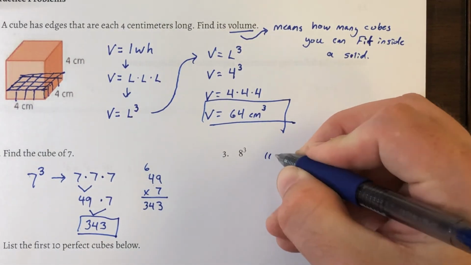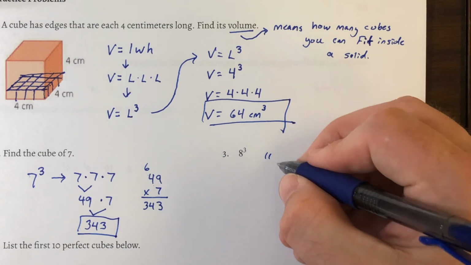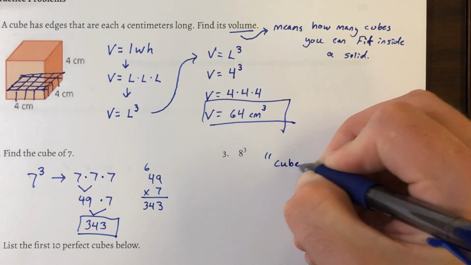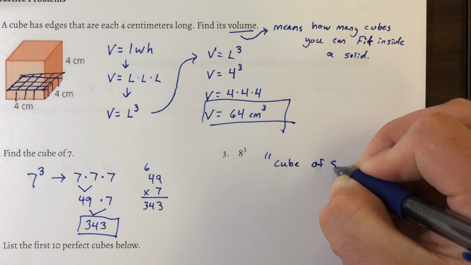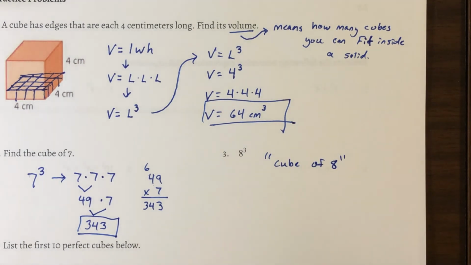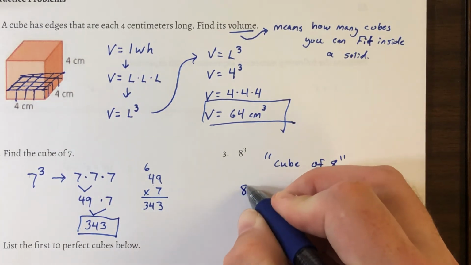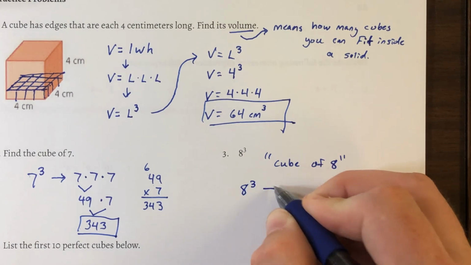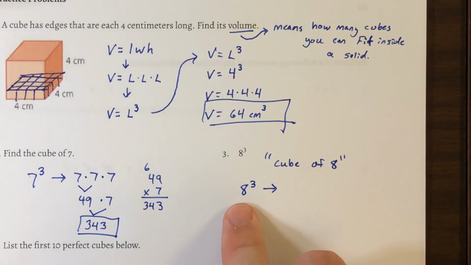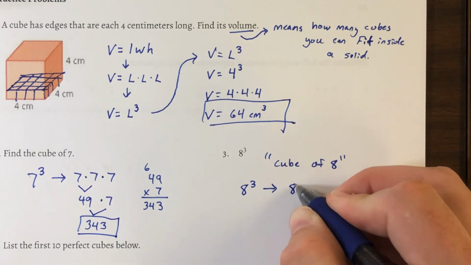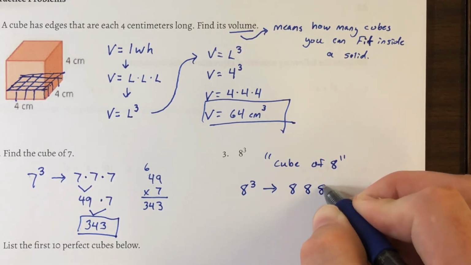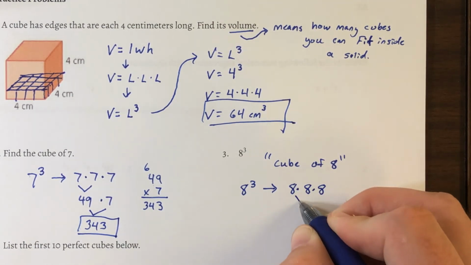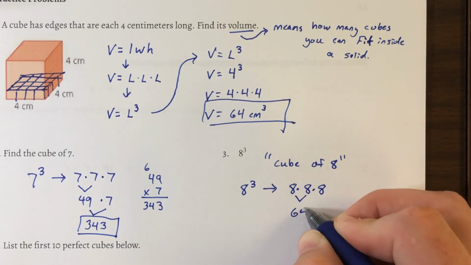If we were to write this in words, it means to find the cube of 8. So the cube of 8, or 8 cubed, or 8 to the power of 3, there's lots of different wordings for it. Again, that 3 tells you to write down 8 3 times and then multiply. So first, 8 times 8, 64.